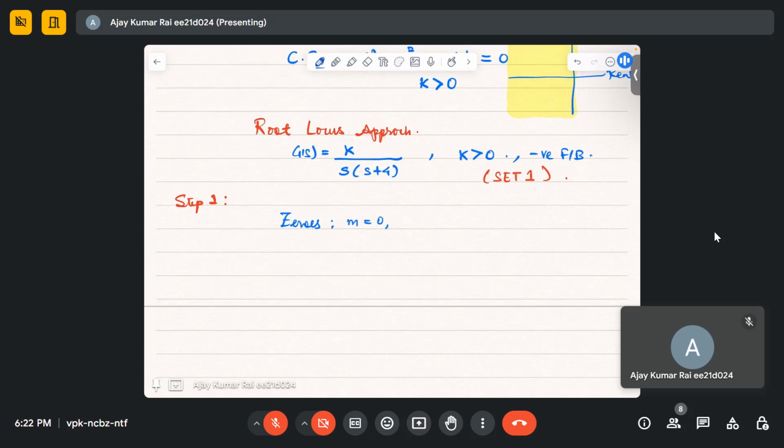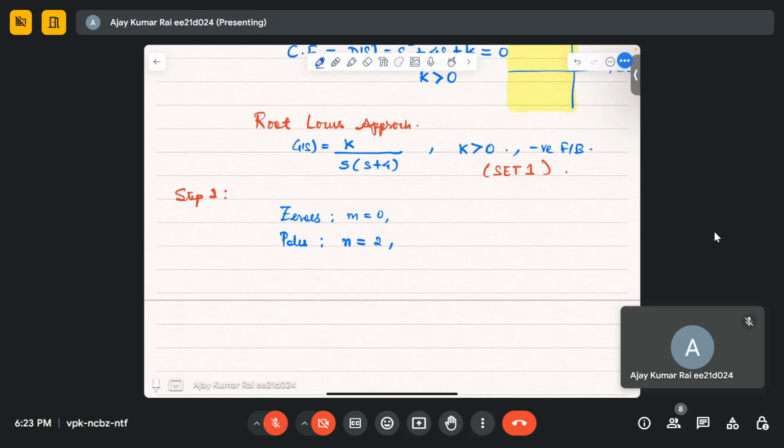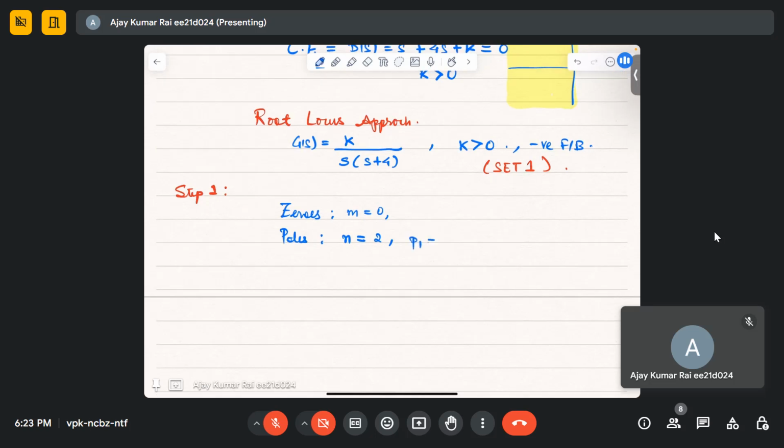So m is equal to 0. Now let's take the poles. n is 2. What is the location? p1 is at the origin, which is 0, and the other pole is at -4. If you equate the denominator to 0, you'll get the poles. So these are the open loop poles and zeros.